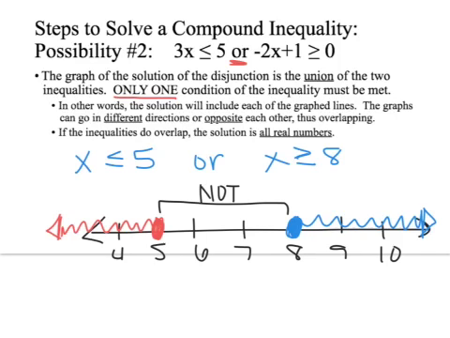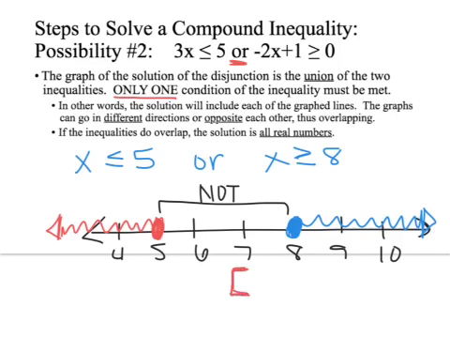So if I wanted to write this in interval notation, since they had closed circles, I would use brackets for closed circles.